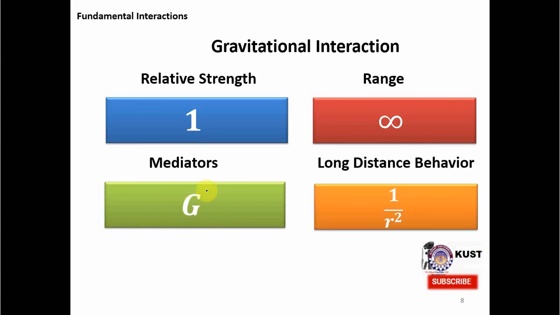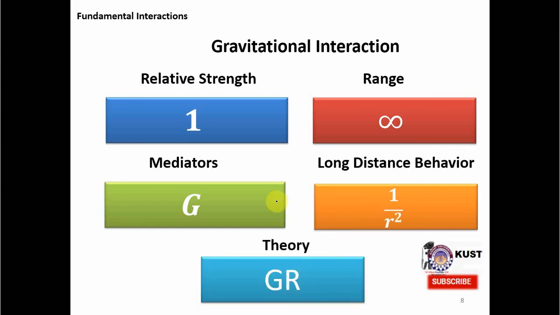The long distance behavior, by Newton's law, is 1 over r square; it comes in Newton's law of gravitation. So at long distances it behaves like this. And the theory for the classical gravitational force is general relativity given by Einstein, and it is a wonderful theory, where gravity is explained in terms of the curvature of space-time.